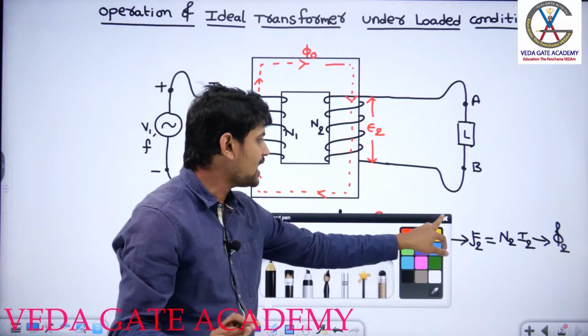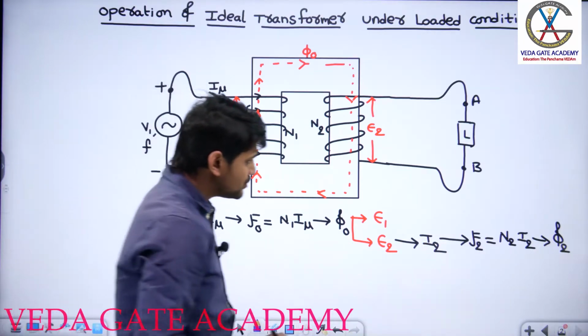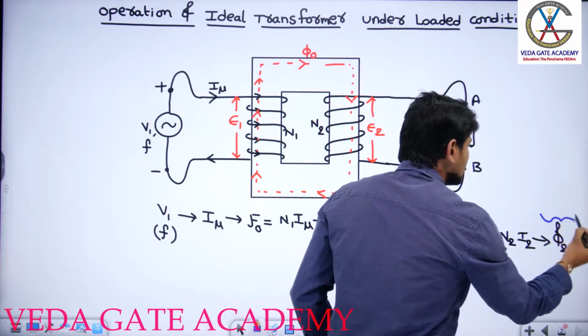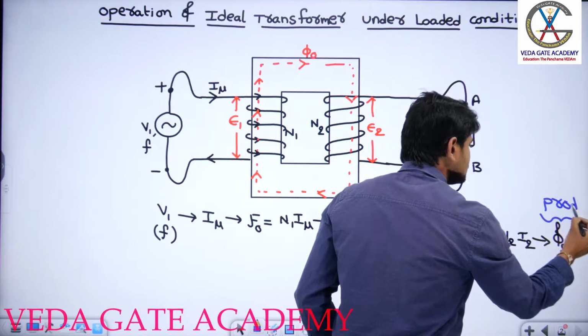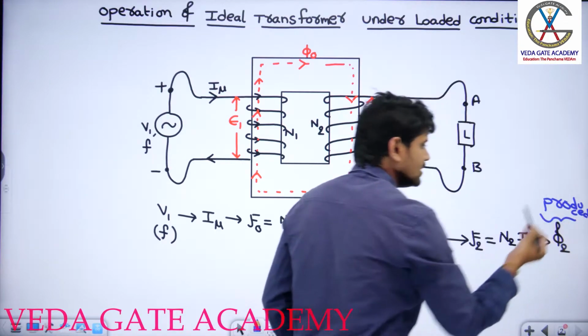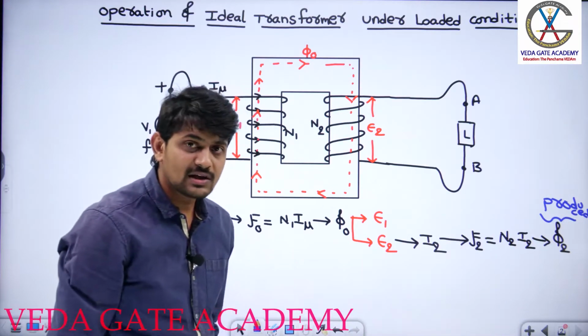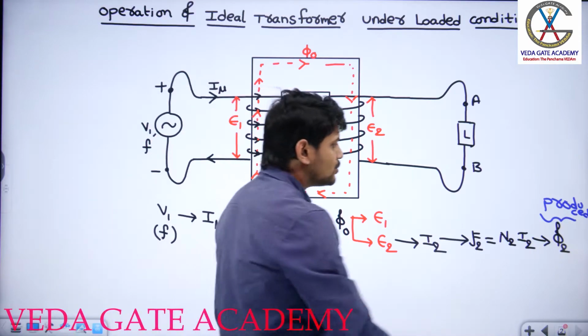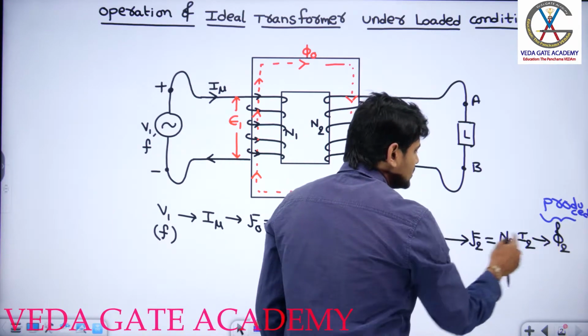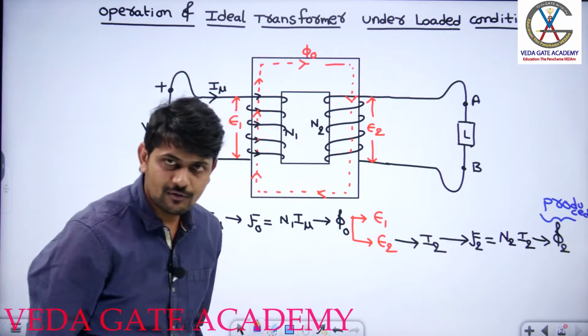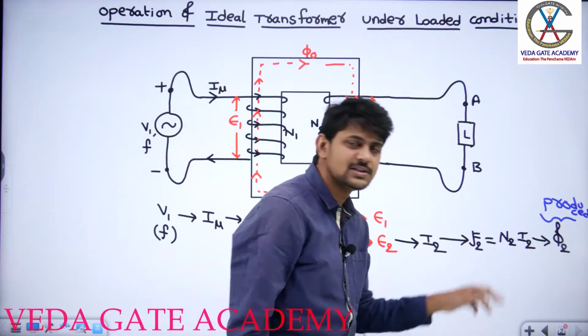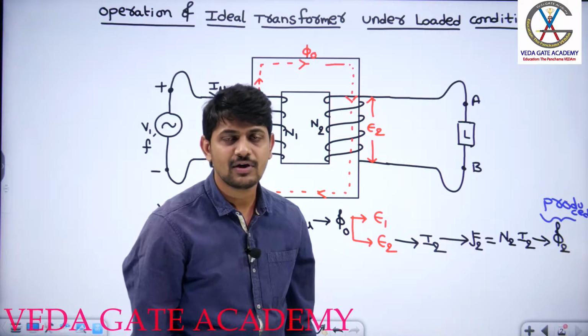Please relax and focus. Here, can I say phi2 is my produced quantity? Yes. Now can you tell me what is the cause for the production of this phi2? It is produced because of the secondary MMF F2. Can I say phi2 will oppose F2? No, because they are of different dimensions.